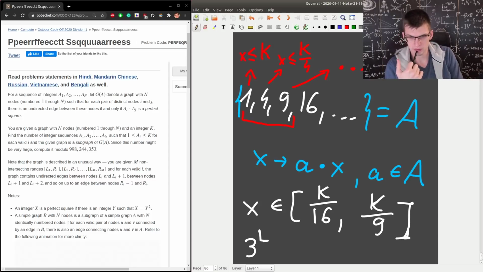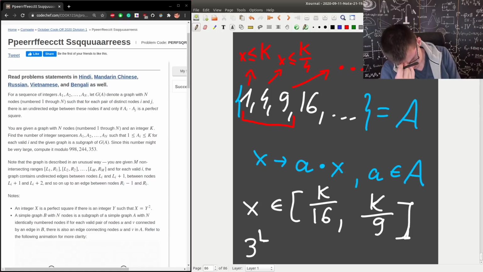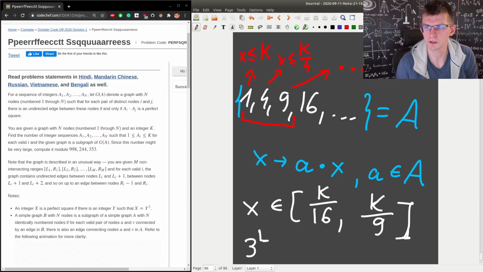It must be multiples of like x times 4. So I need to take this with minus.